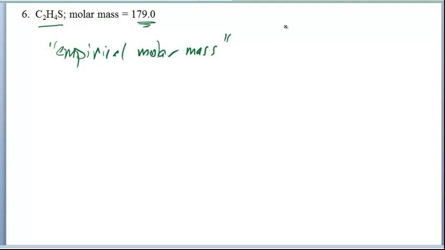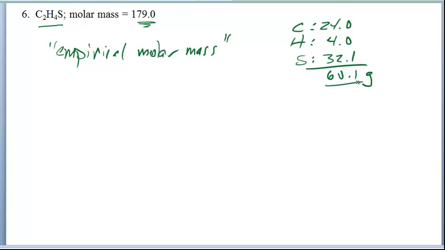So here we've got 2 carbons, so that's 24.0. We have 4 hydrogens, so that's 4.0. And then we have 1 sulfur, which is 32.1. And when we add all those together, you should get 60.1 grams. That's the empirical molar mass.